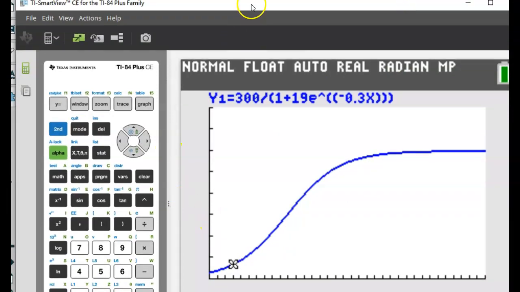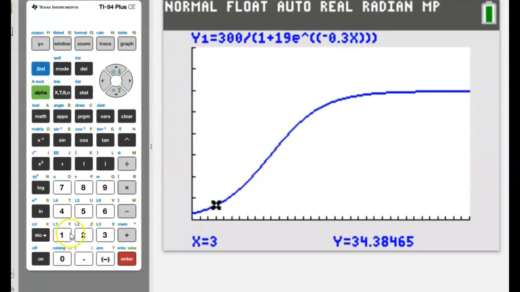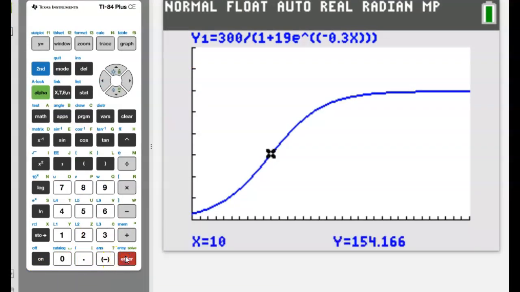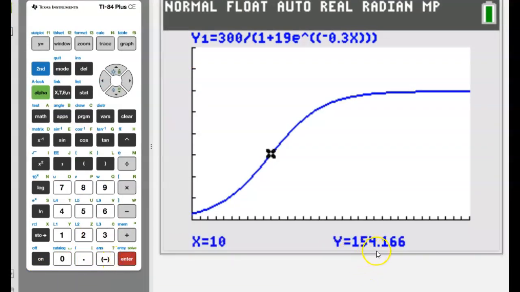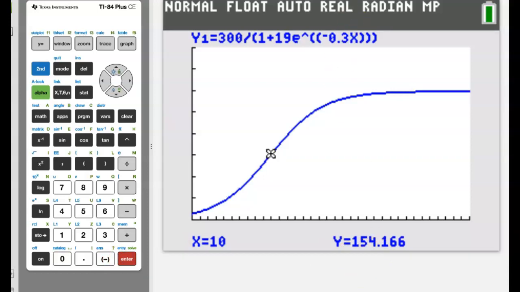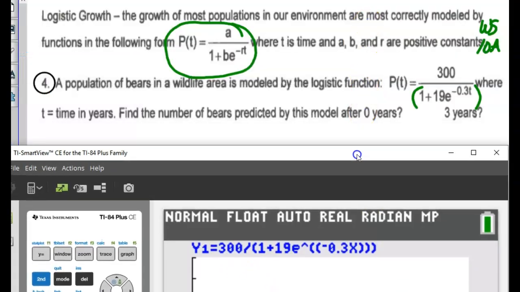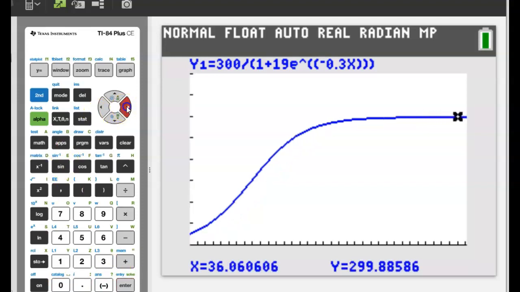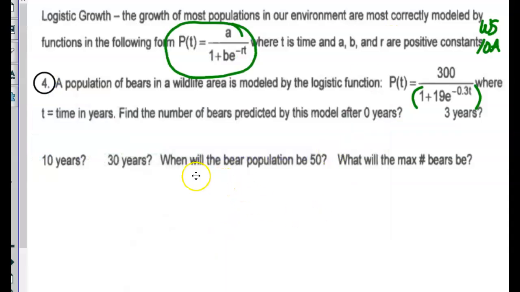After 10 years, starting to multiply a little more quickly, it's up to 154 bears. And then 30 years, it's almost hitting 300, right? 299. And if we kept going, it would just keep getting closer and closer to 300 bears. It would round to 300.